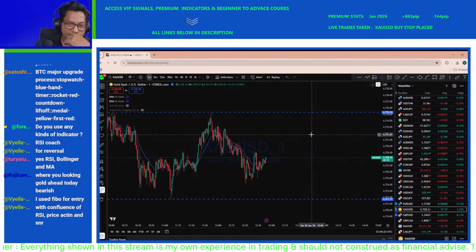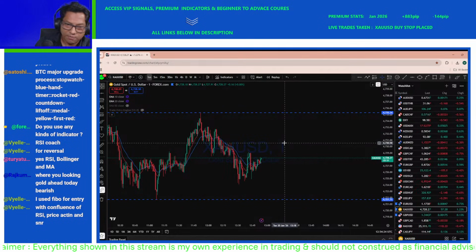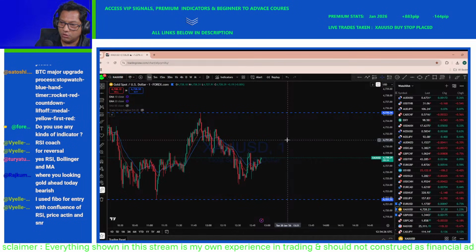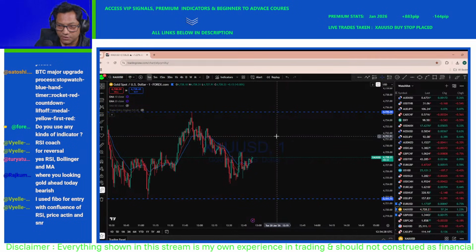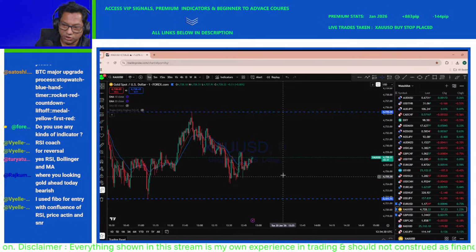It's a very slow move, but eventually that could bring it back to the upside, or after a breakout structure you can look for an entry.